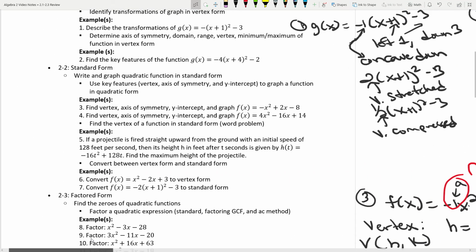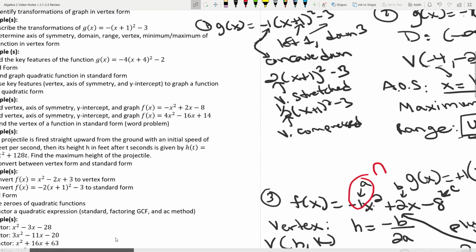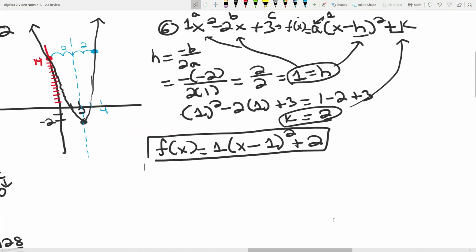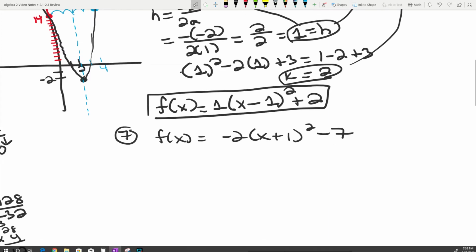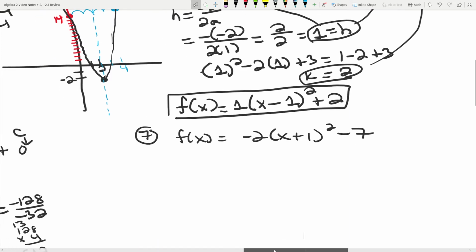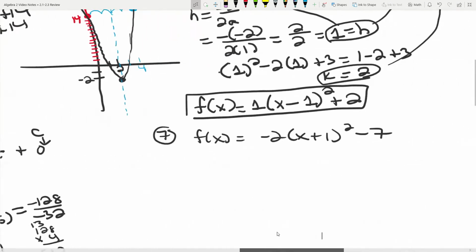Convert negative 2 times (x plus 1) squared minus 3 to standard form. Okay, so we got number 7. Negative 2 (x plus 1) squared and then minus 7. I want to confirm that that's correct. Okay, so that's correct.